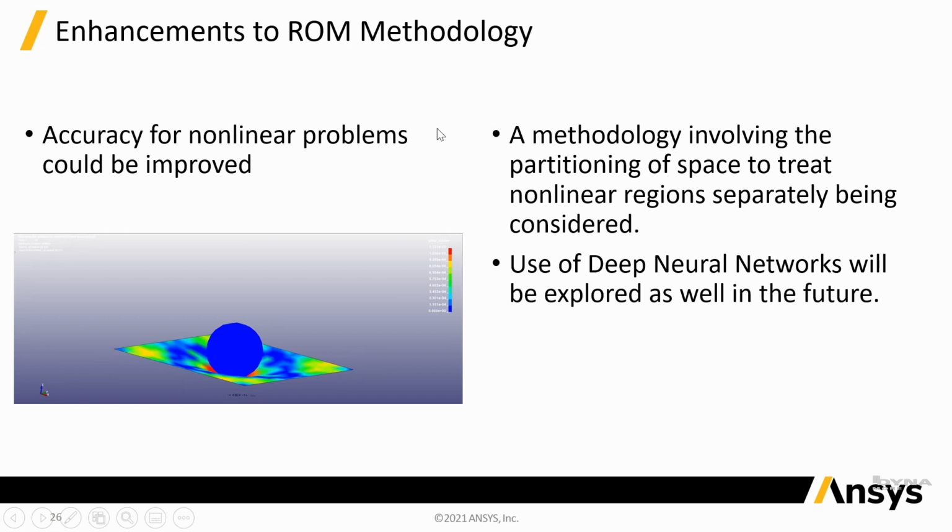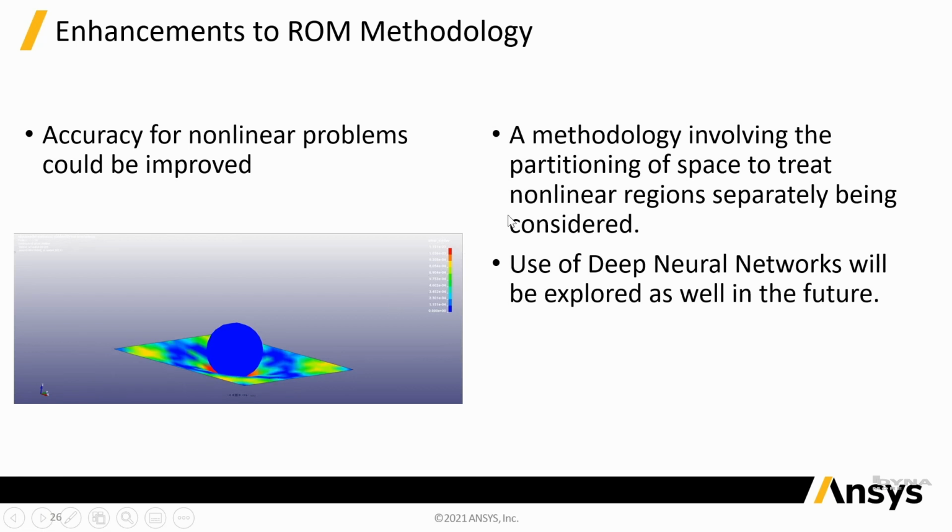So one of the ways we are trying to address this is by trying to partition the model into subregions, so that the highly nonlinear regions, such as in this case the region where the ball impacts, we are trying to automatically partition the space into nonlinear versus relatively linear regions so that particular emphasis can be given to the modes important for those cases.